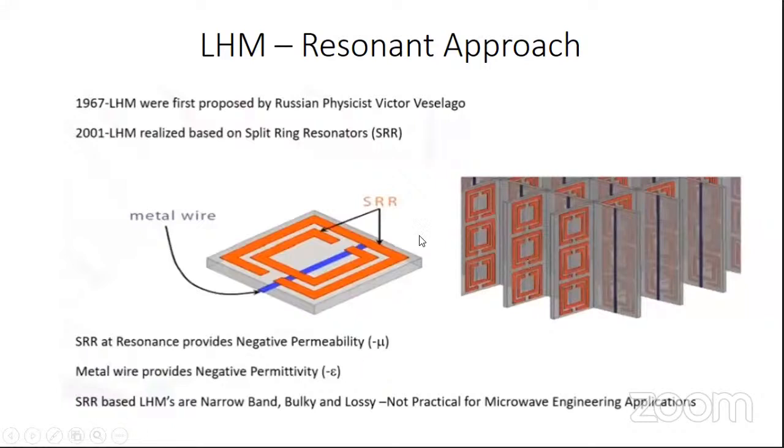This is just a unit cell, and to create the metamaterial as a whole, you have to repeat this unit cell in a periodic fashion. Metamaterials based on the SRR and the resonant approach are narrowband, bulky, and lossy.